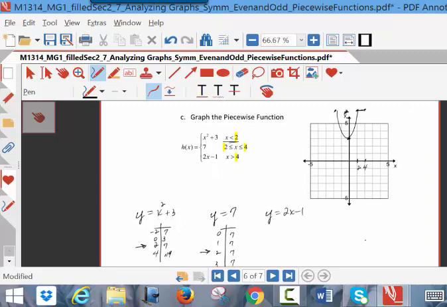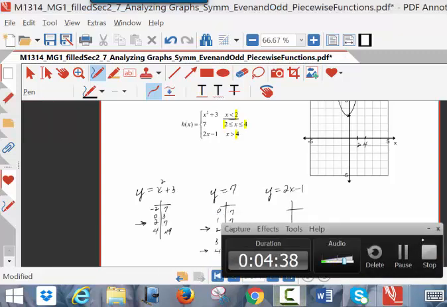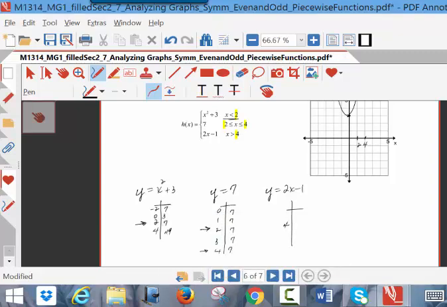All right, then the next one is 2x minus 1. That's going to be a straight line for sure. And we have the parameter of the 4 up in the function where it's defined, so be sure 4 is in this table. So maybe a 2 and then a 4 and maybe a 6. So if it's 2, 2 times 2 is 4 minus 1 is 3. 2 times 4 is 8 minus 1 is 7. 2 times 6 is 12 minus 1, which is 11.